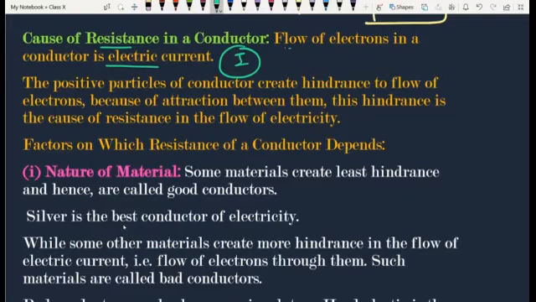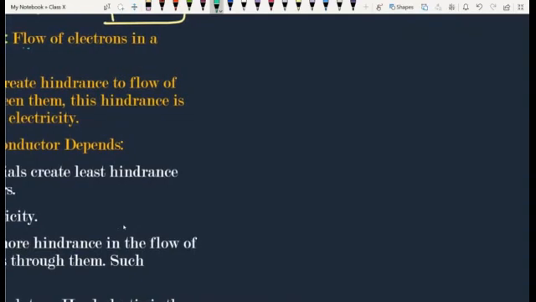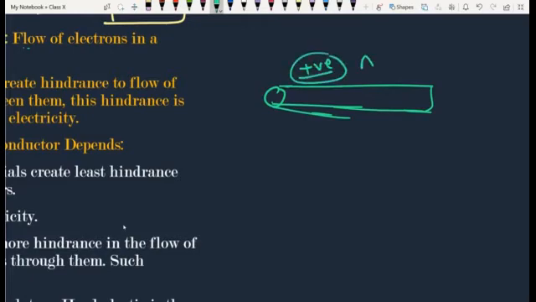You see what happens. Let's talk about a conductor of any kind of material. This conductor includes atoms of the material and positive charges. The conductor is full of atoms and positive charges, and the electron is trying to flow.